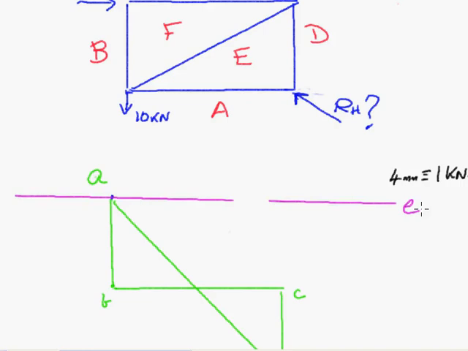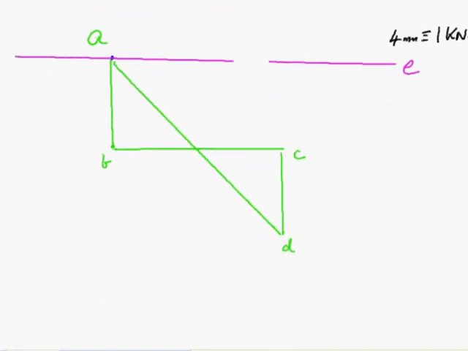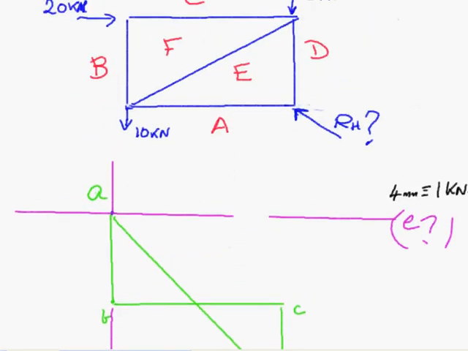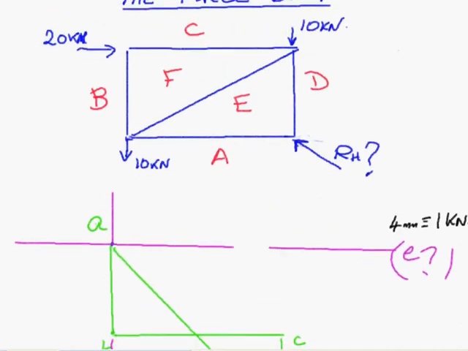If we now put on bf, then that's going to be somewhere on a line going through b. Okay, cf, a parallel line going through c.